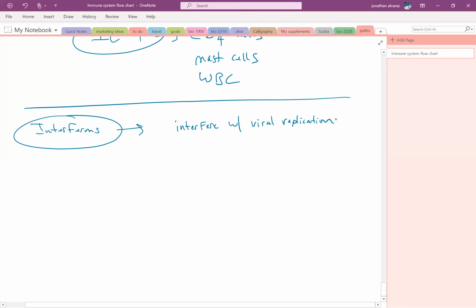They interfere with viral replication. They're kind of big guns because they go after viruses, bacteria, parasites, and tumor cells.